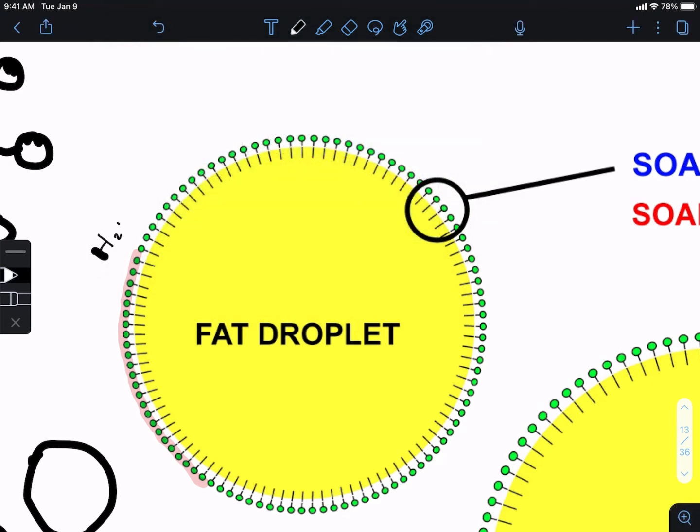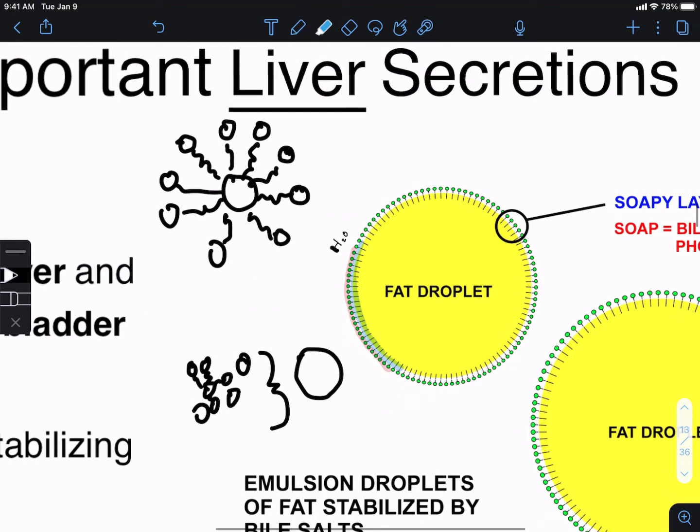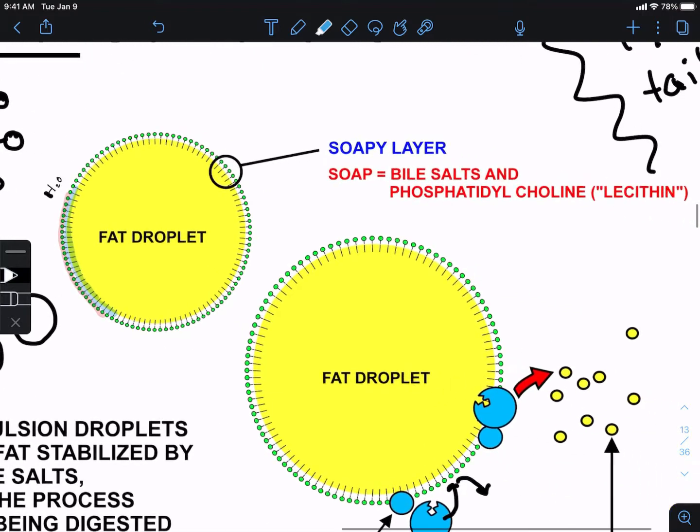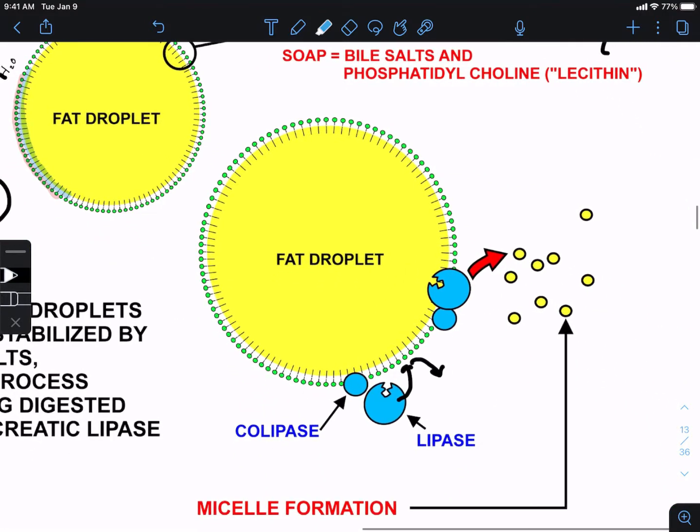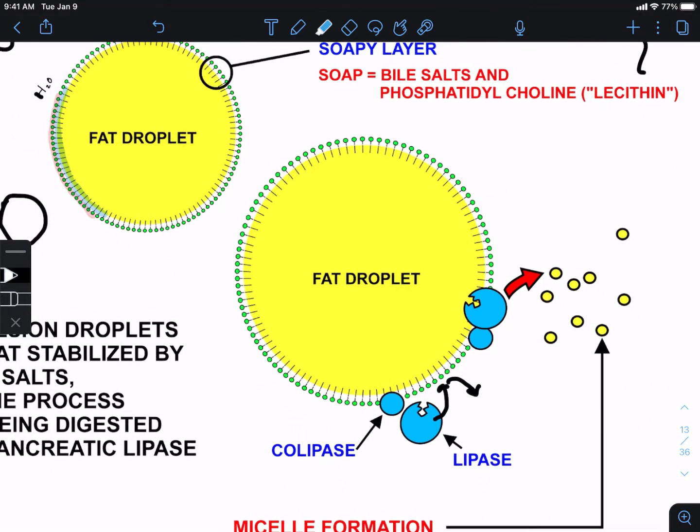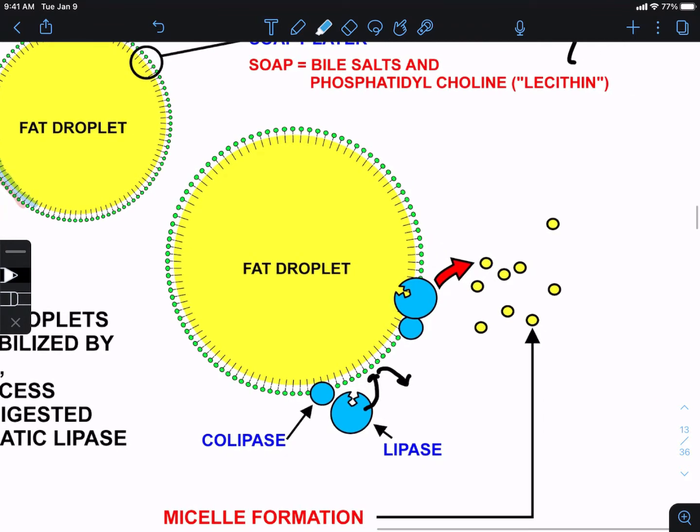And then you've got your hydrophobic tails that are in here, and notice how they're interacting with the fat. And so they bind to the fat droplets and they stabilize the fat droplets and make it so that those small droplets are now stabilized in water. And this increases the surface area then, so that we can now digest that fat more easily.